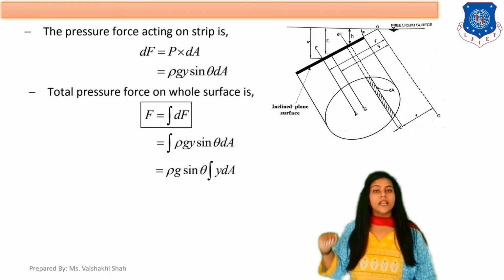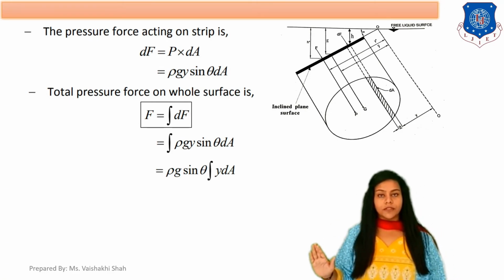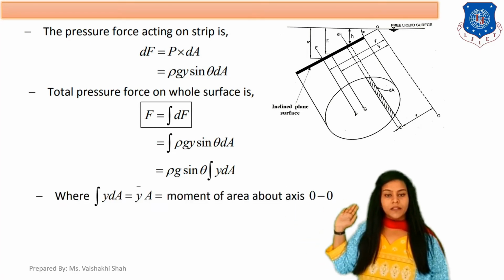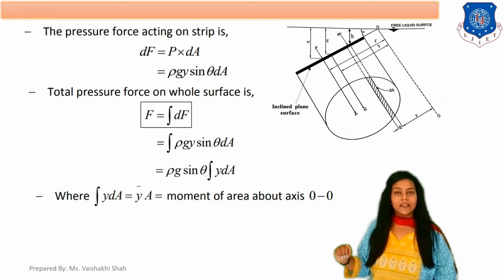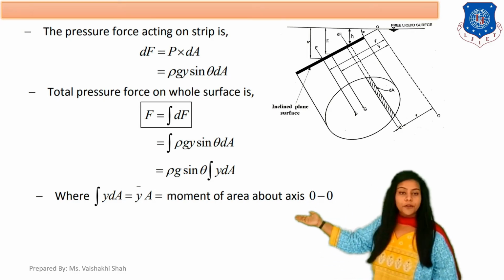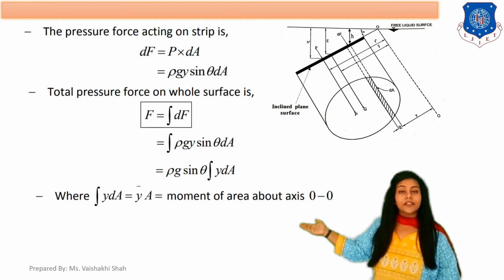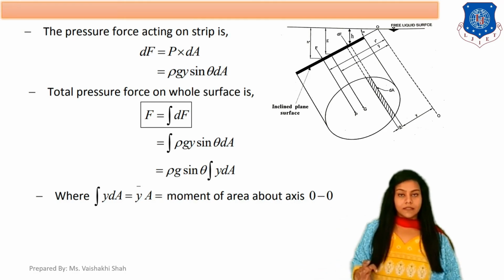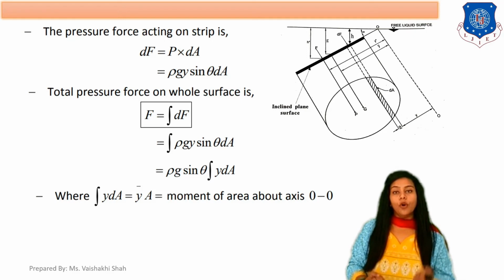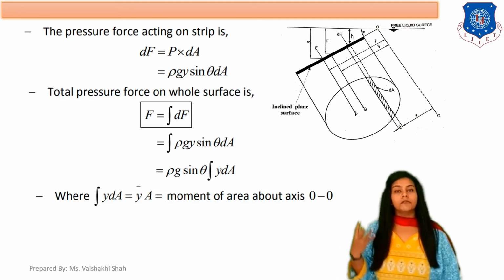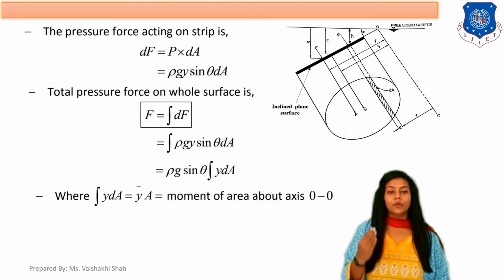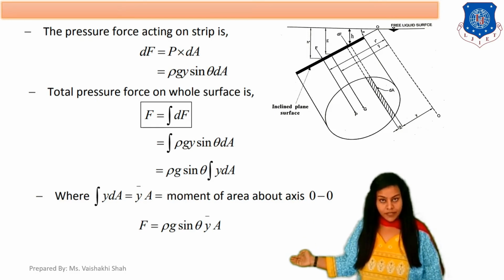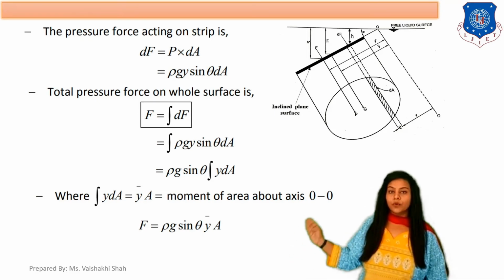Rho g sin theta is constant, so we get rho g sin theta times integration of y dA. Now integration of y dA equals y bar into A, because it is the moment of area about the OO axis. So the equation for F becomes rho g sin theta into y bar into A.